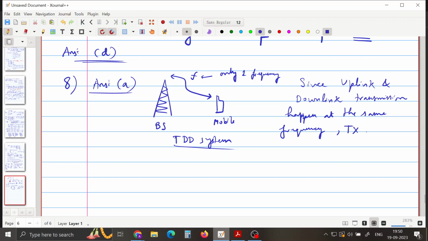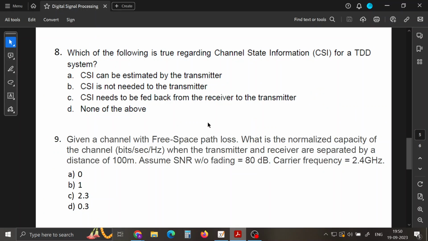So the transmitter estimates the channel state information, or CSI, by itself. Okay, so that was option A, straightforward. Now the ninth question.